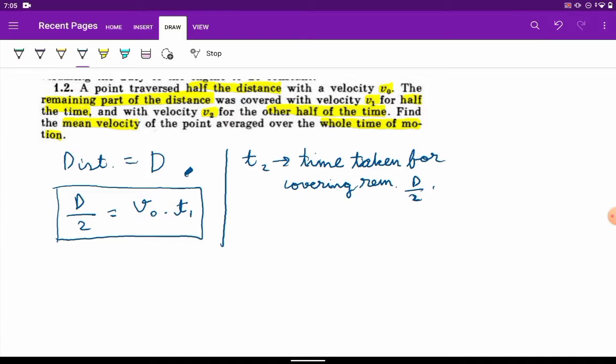For half the time there is one velocity, and for half the time there is v2, the other velocity.